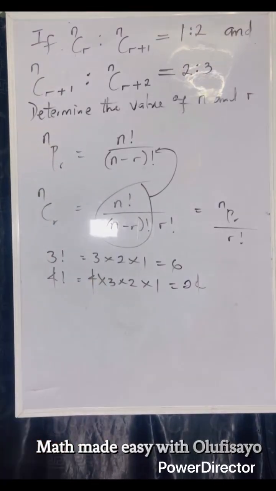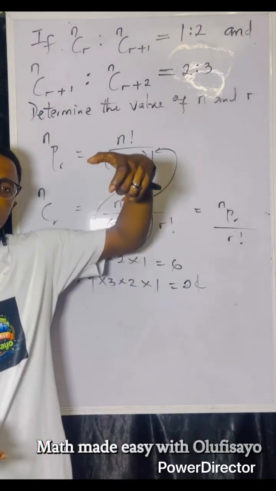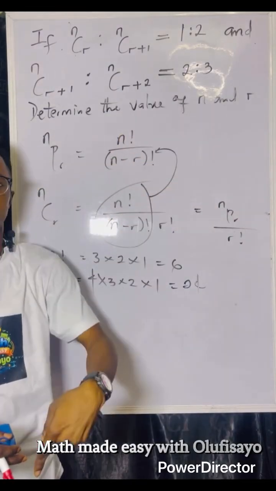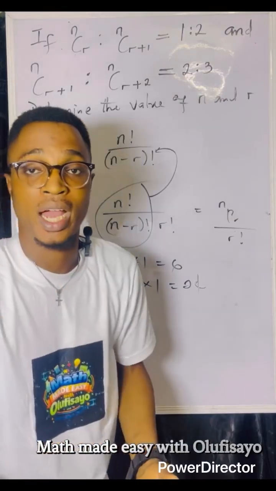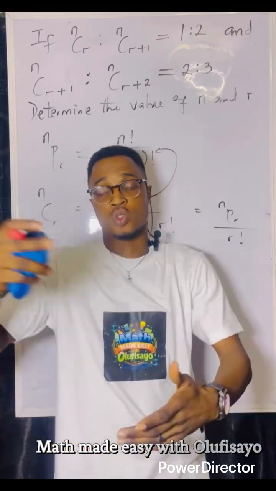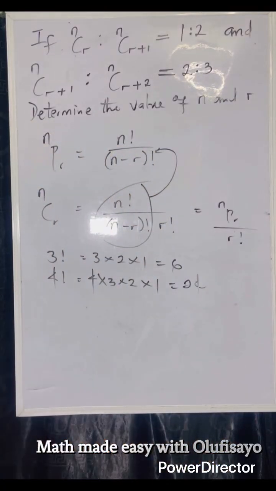Factorial simply means multiplication of a number by itself, down to 1. If I say 10 factorial, that is 10 multiplied by 9 multiplied by 8 up to 1. That's the basic concept of factorial.